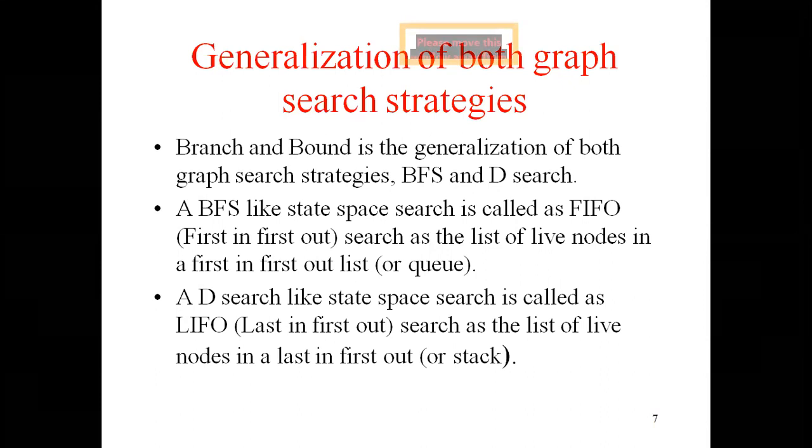So a BFS-like state space search is called FIFO, first in first out. In which data structure do we have first in first out? The queue data structure.